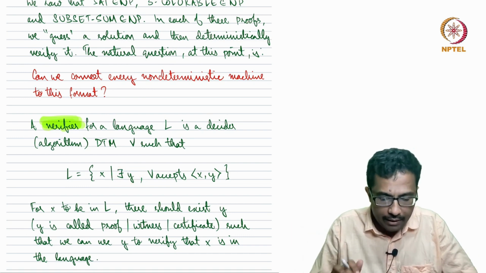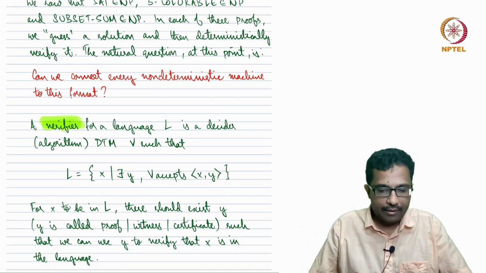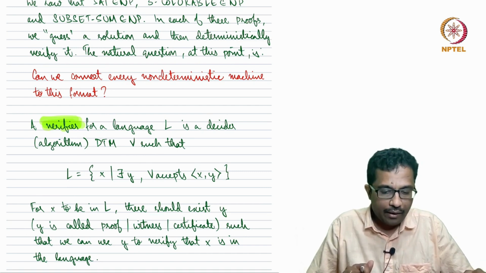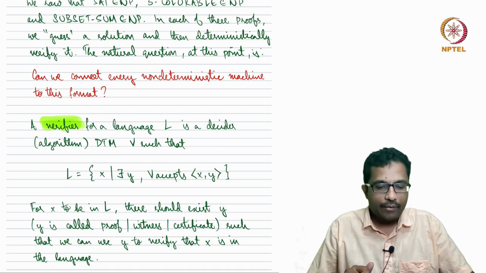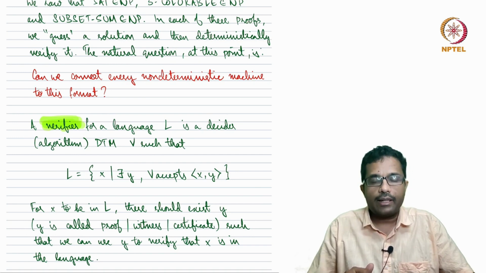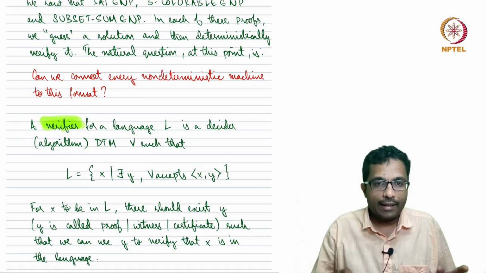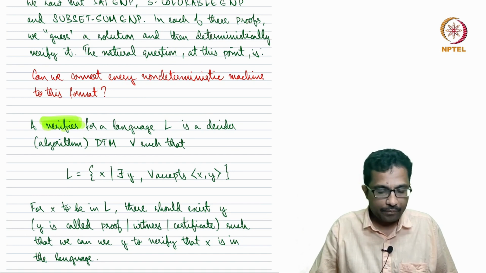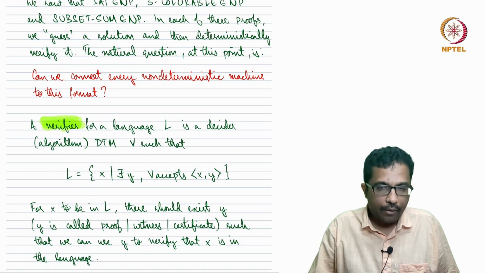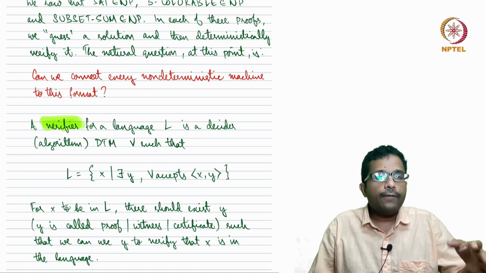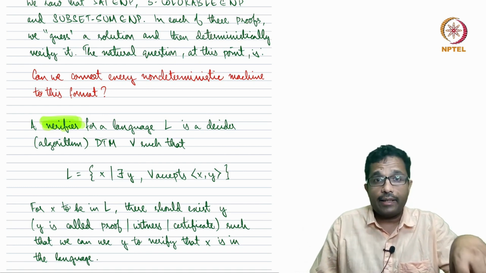Right now it may seem a bit abstract, but it's easy to see once we have the example. Suppose X is a Boolean formula, and L is satisfiability, the set of all satisfiable Boolean formulas. Let's say Y is a satisfying assignment.